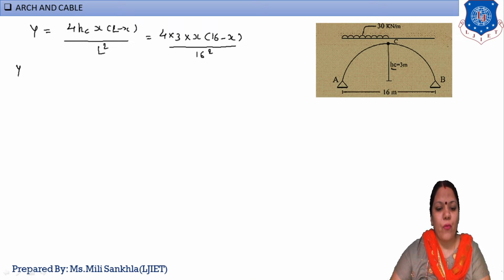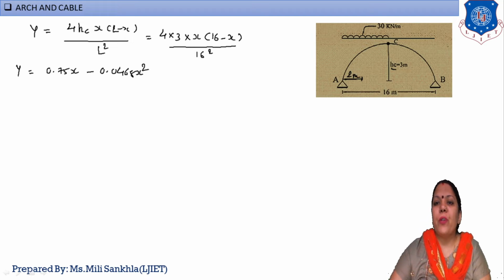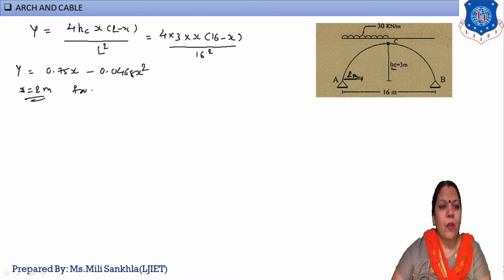Now my value of Y is equal to 0.75x minus 0.0468x square. Now the data asks us to find the bending moment at a distance of 2 meter from the left hand side. So put x is equal to 2 meter from the left side.